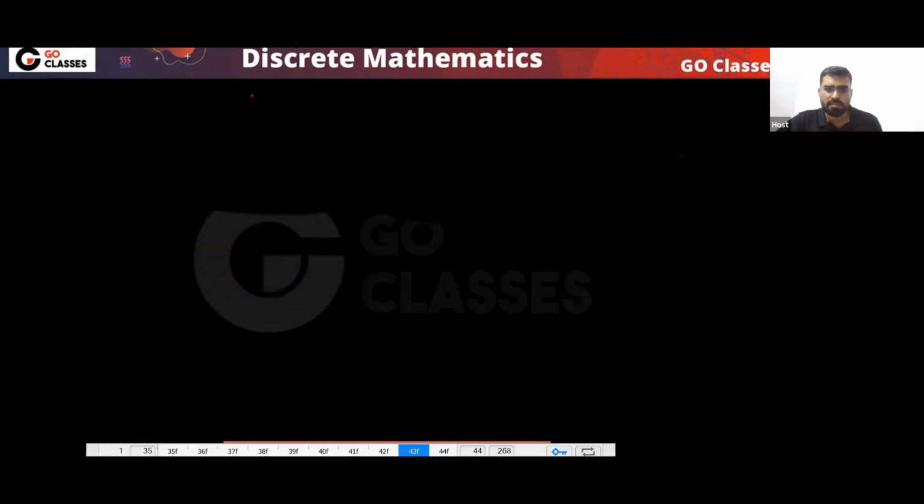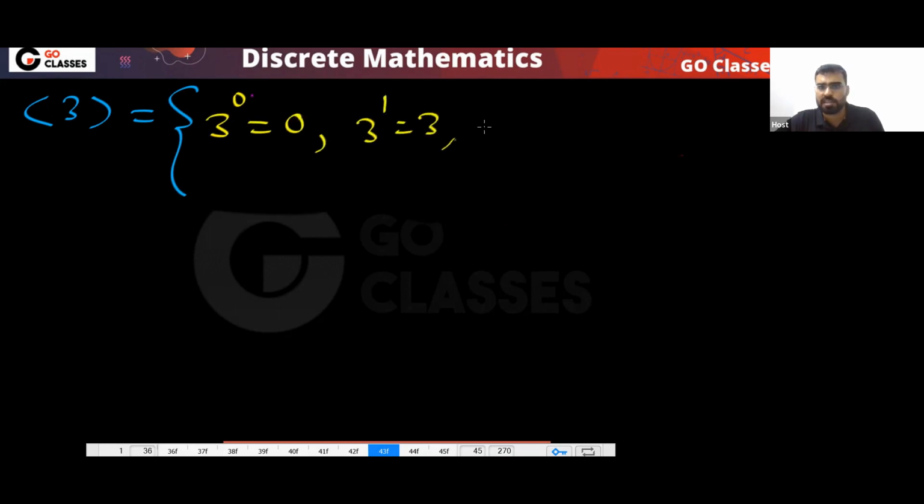Let's move on. Let's think about the subgroup generated by 3. What will that be? You know 3 power 0 is identity element. 3 power 1 will be 3. 3 power 2 will be 6.